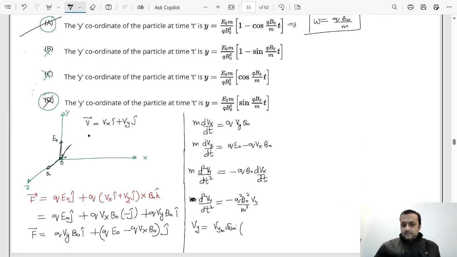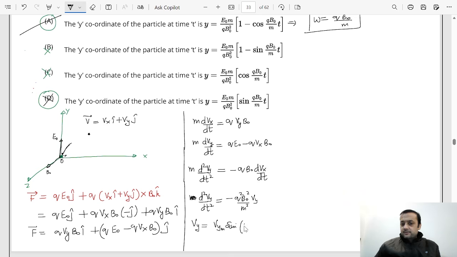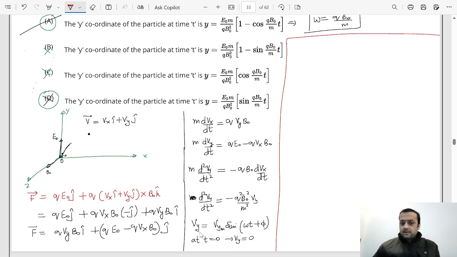So this becomes sine of omega t plus phi. Now vym is the maximum value of vy. At time 0, vy was 0, because the particle was released at the origin. So put t equals 0 and vy equals 0: the LHS becomes 0, and the RHS becomes vym into sine phi.